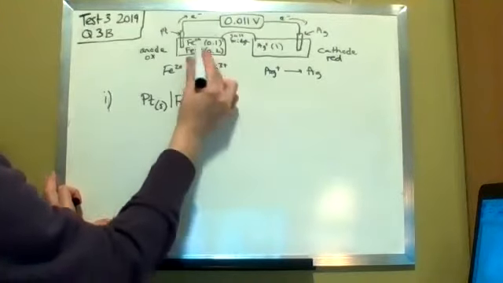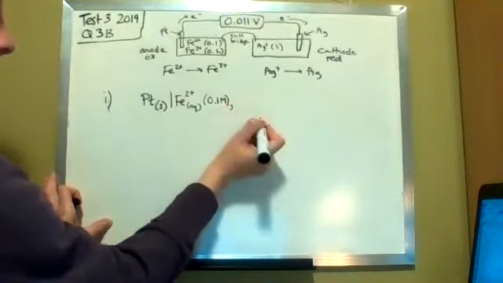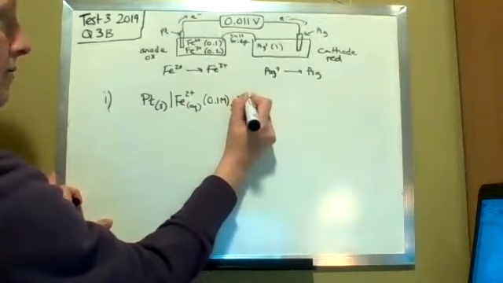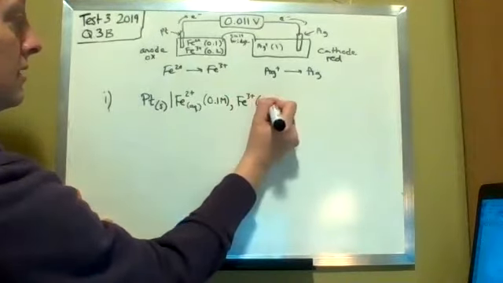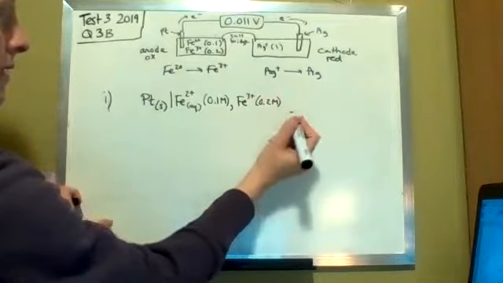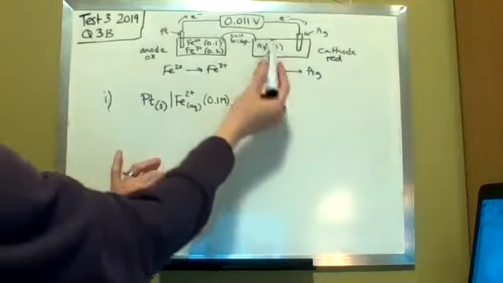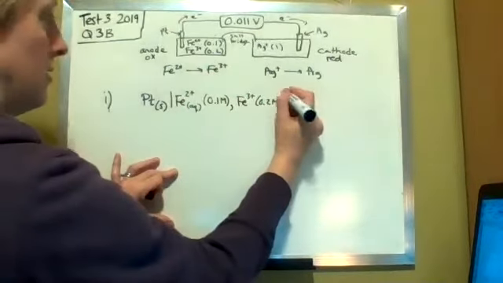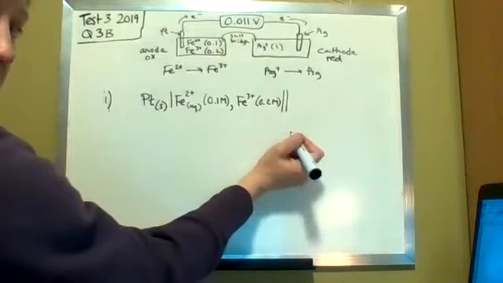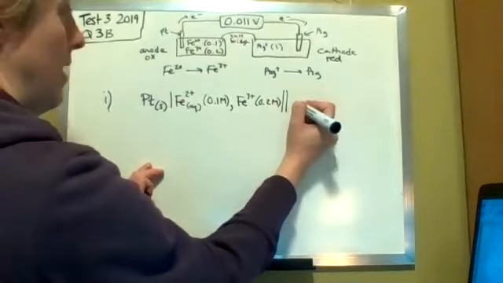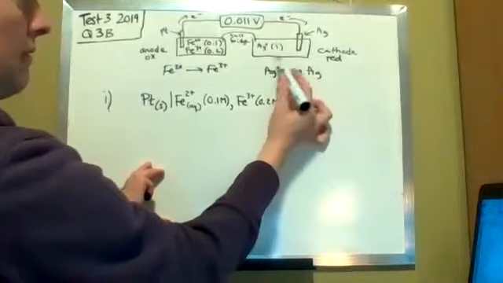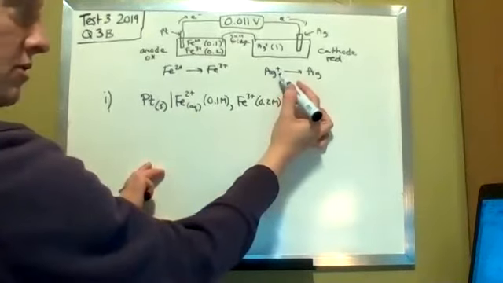Now, to show that the other one is also in solution, we're going to put comma, iron 3+ now. And this is 0.2 molar. Now the separation between one side and the other, you show that with a salt bridge or a double separation, showing they're actually not touching at all. And then over on this side, we have our silver ions, which are in solution, so aqueous.